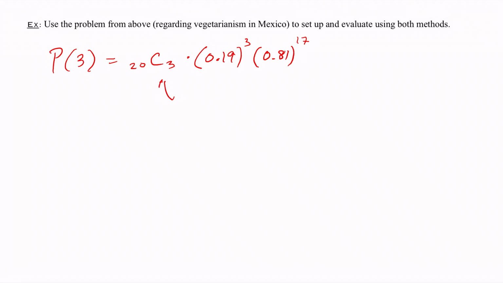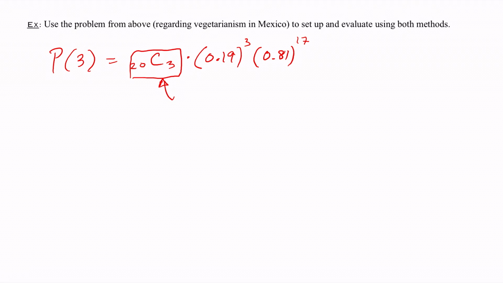This can also be calculated using your calculator. The way you would find that is using the probability menu on your calculator. So you can punch all that into your calculator, and that would give you the result in one way.